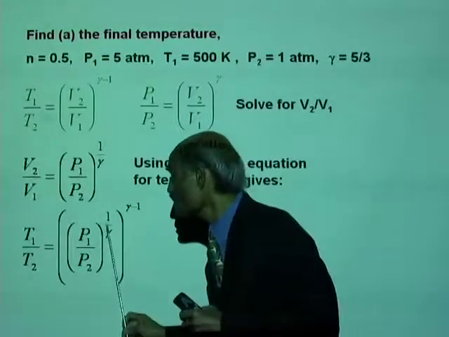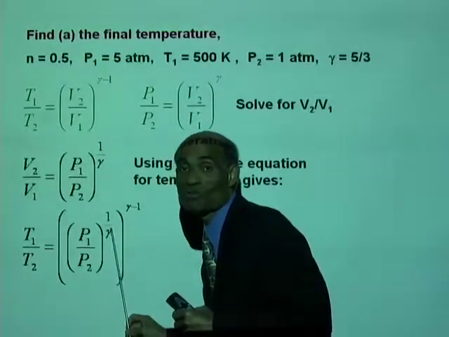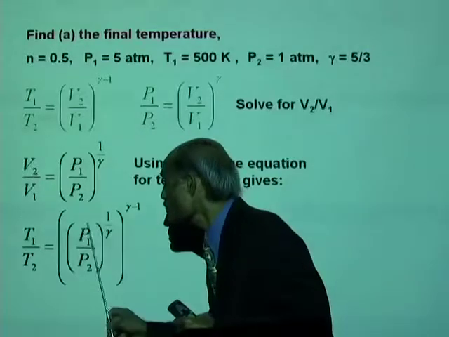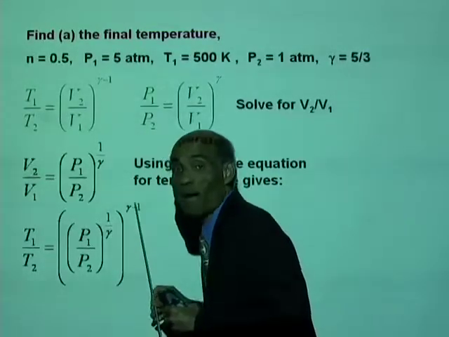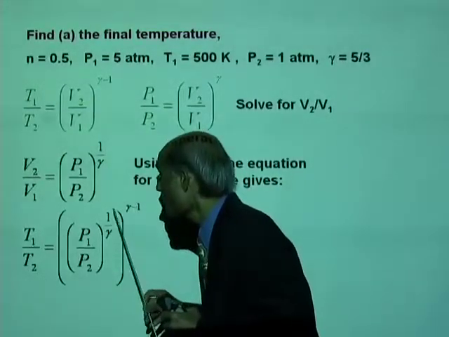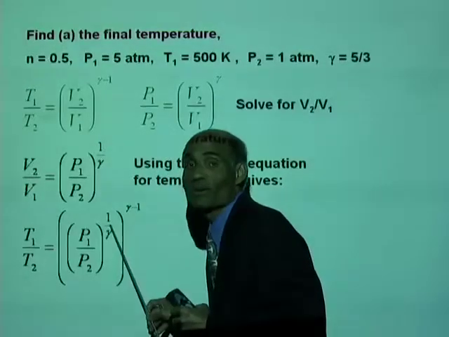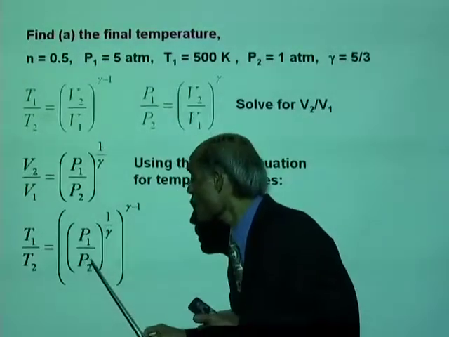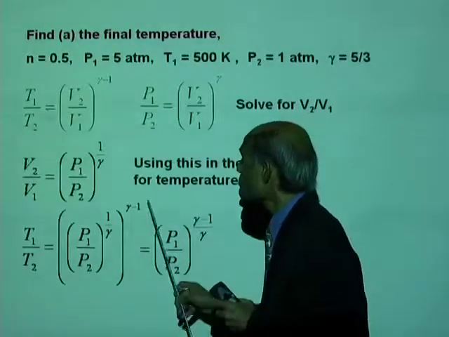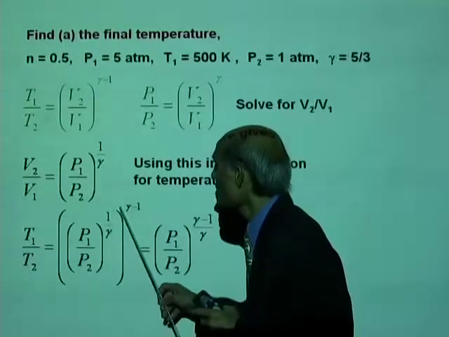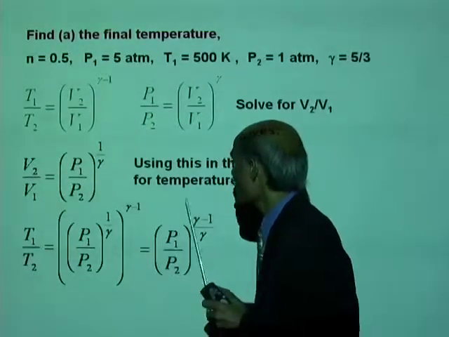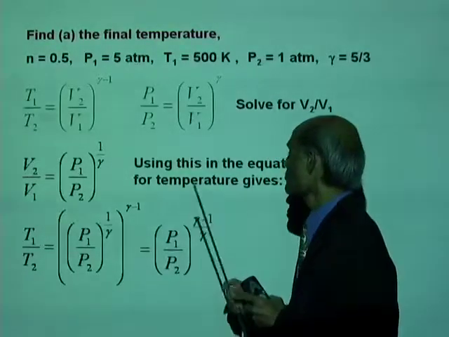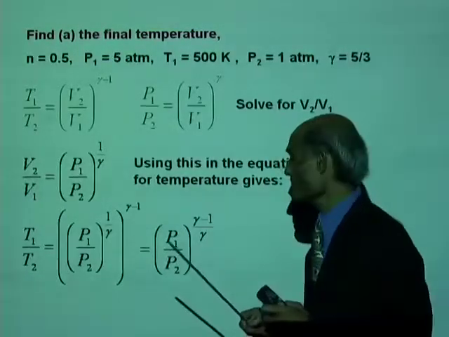And now if you notice, using the power rule for exponents, if you raise an exponent to a power, what happens to the power? Multiply the power. So this will be P1 over P2 raised to the power of 1 over gamma multiplied by gamma minus 1, which will be gamma minus 1 over gamma.